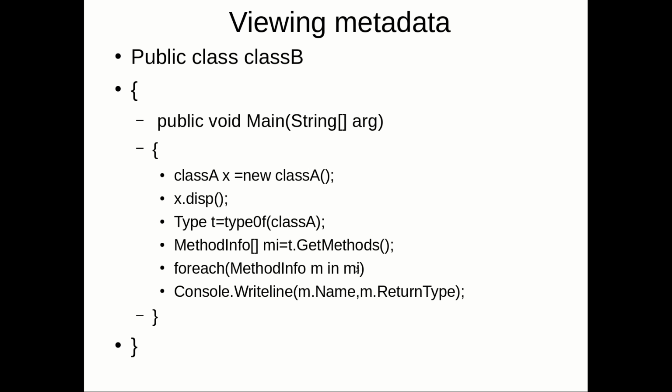So for each method, I am accessing the name of the method and the return type of that particular method. So this is how we will be viewing the metadata of a particular class.